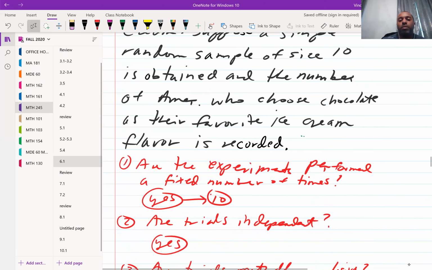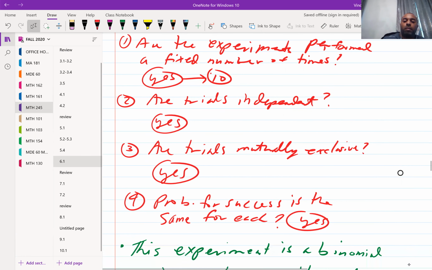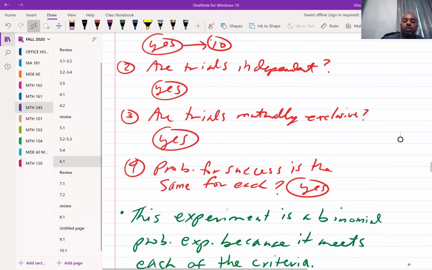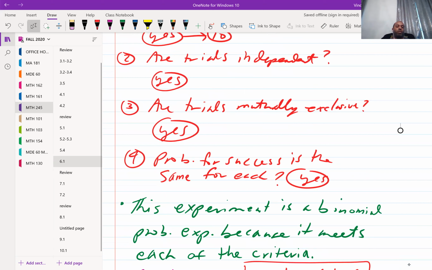Yep, 28% of Americans. So that probability will be the same. So this experiment is a binomial probability experiment because it meets each of the criteria.